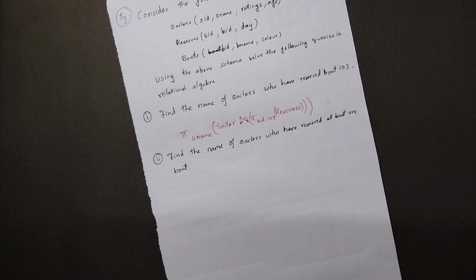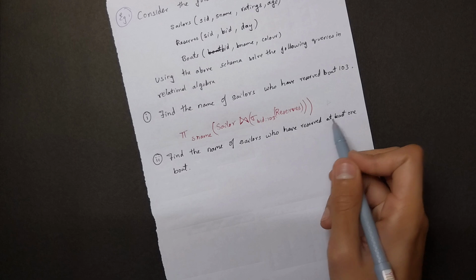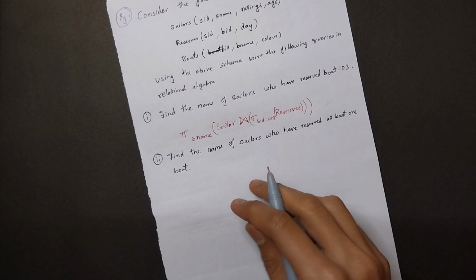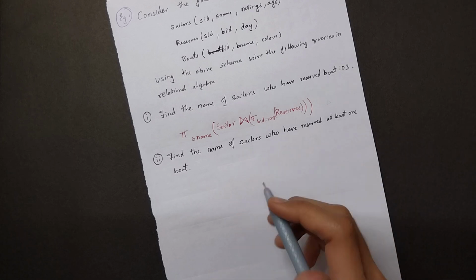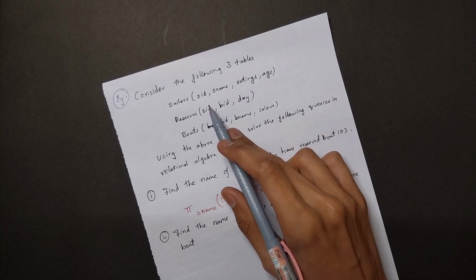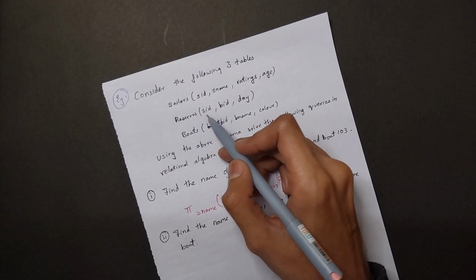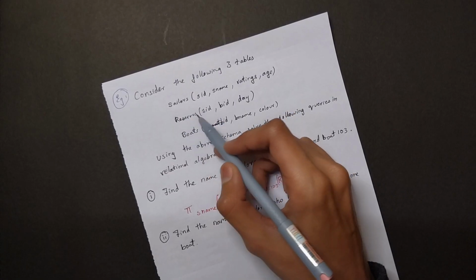Our next question is: find the name of the sailors who have reserved at least one boat. So there must be a sailor who has a boat. How do we know that the sailor has a boat or not? You can see sailors has SID and the same SID is reflected in reserves. What does reserves say?